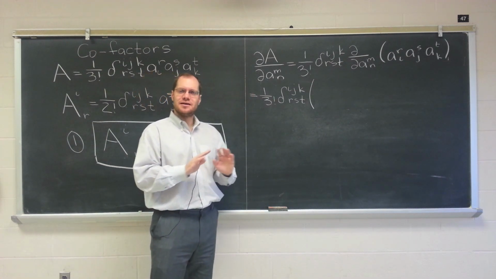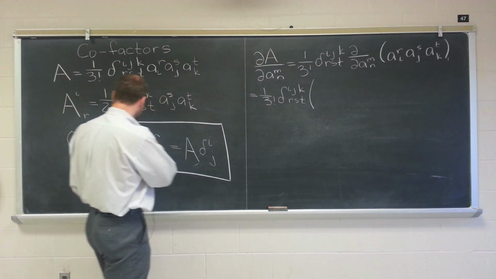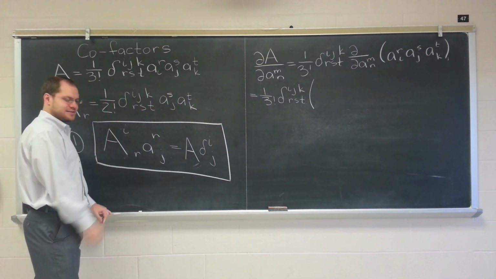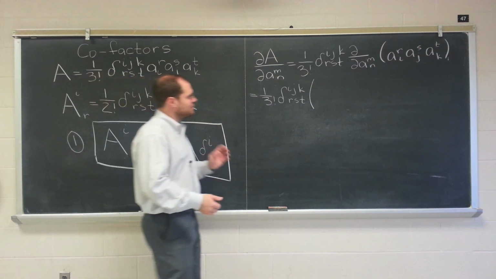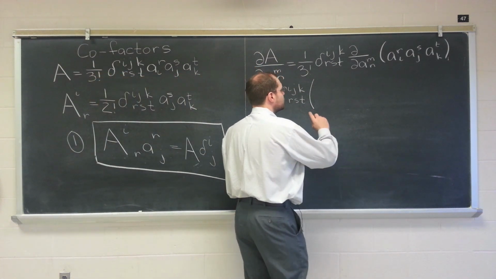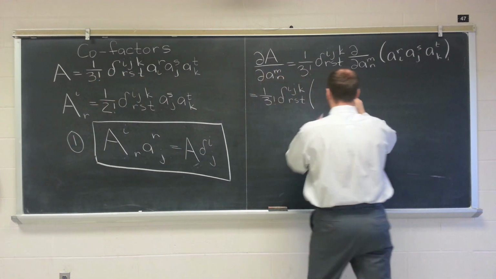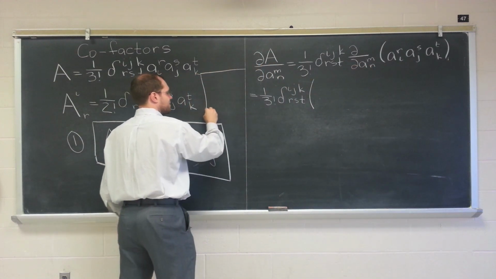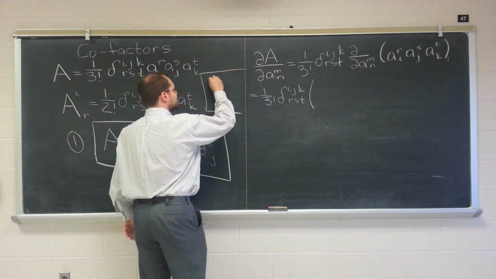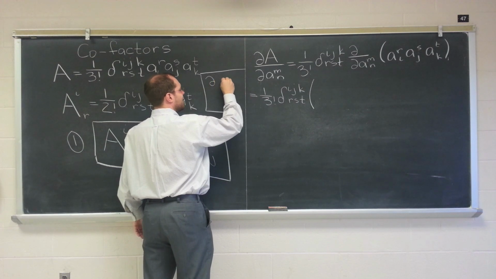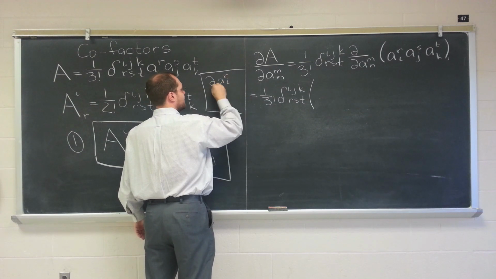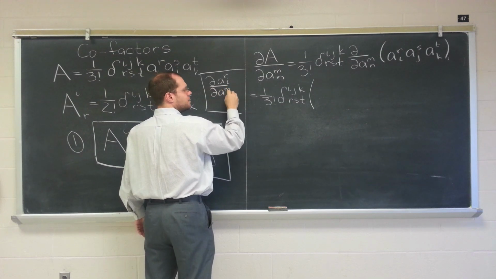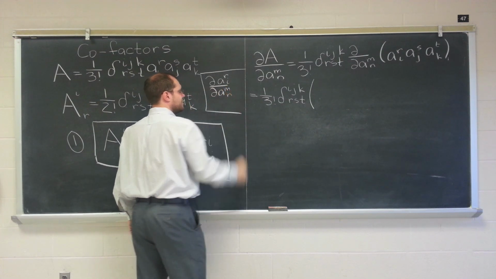That's described in great detail in the book, as is this relationship. It is proved in great detail, unfortunately with a typo, for which I apologize. So, let's see. What I'm about to write here, let me first work that out, is the derivative of A^r_i with respect to A^m_n.